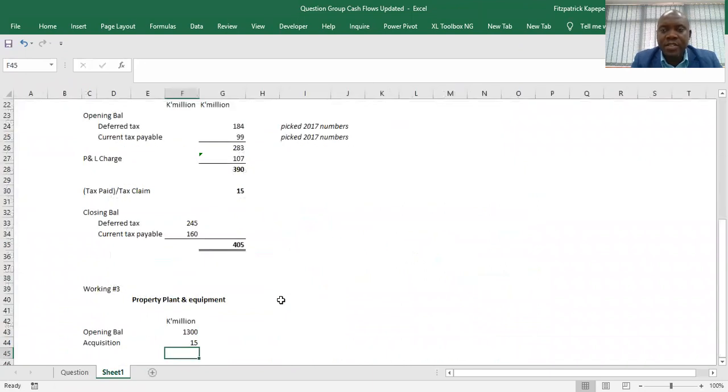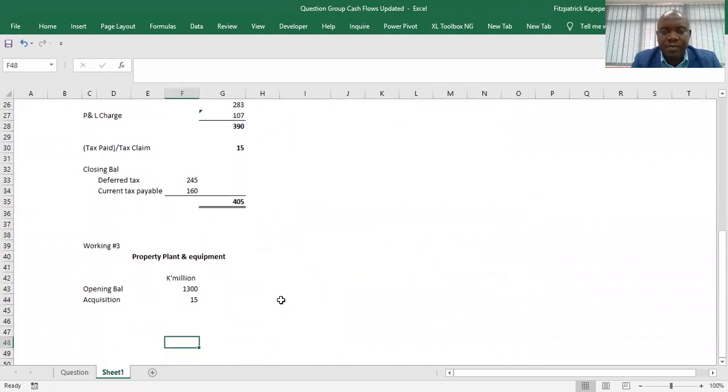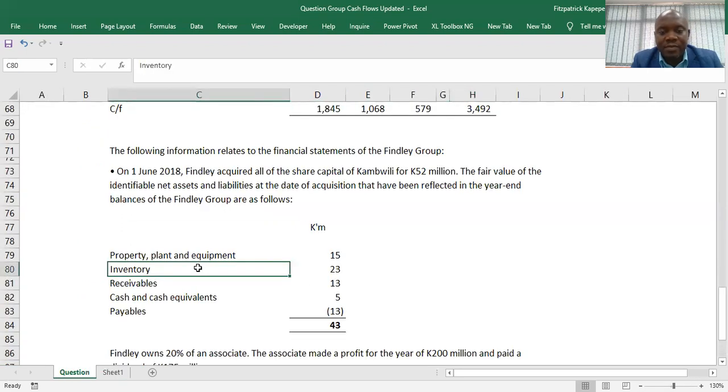This is what was acquired. How much did we dispose? If there was any disposal of property, plant, and equipment, we'll have to include it. Was there any disposal? Let's just check the question.